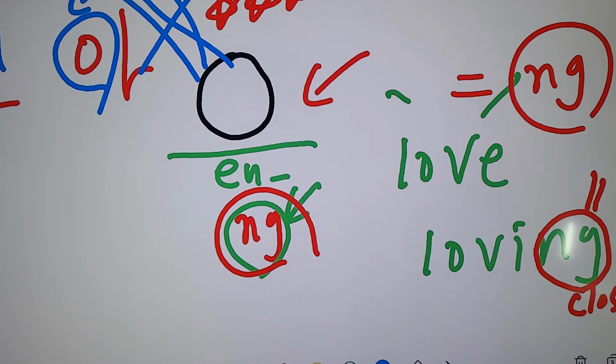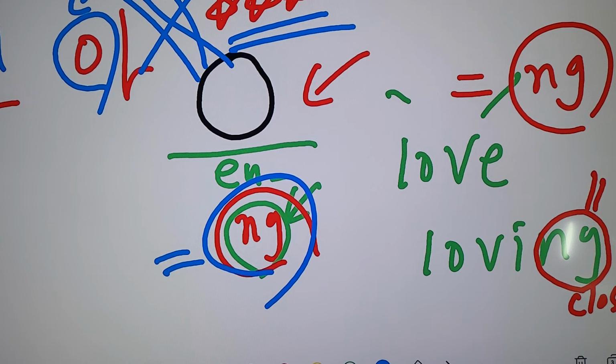The shape is the same. So only use it at the end, closing sound only. Yeah, remember this consonant is only used for the ending sound, ng equivalent, right? Very important. That's why I give you 3 stars. Yeah, remember.